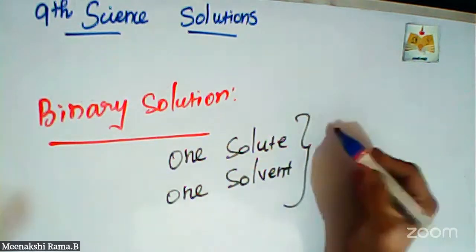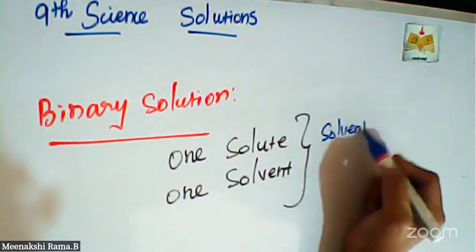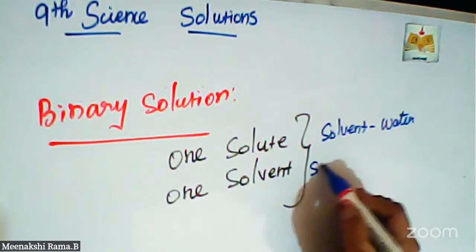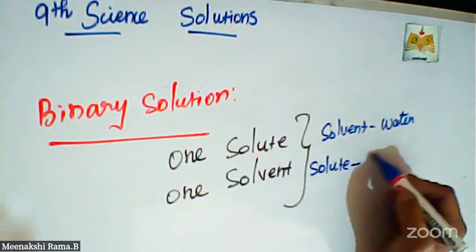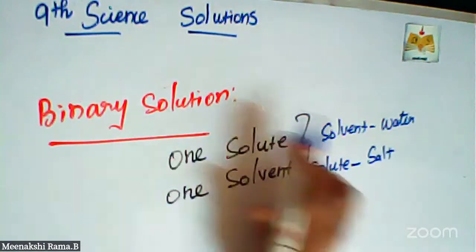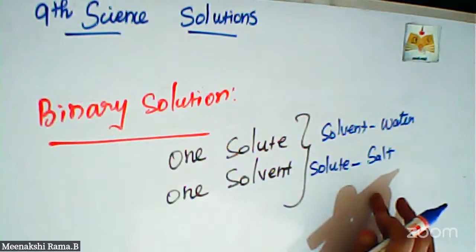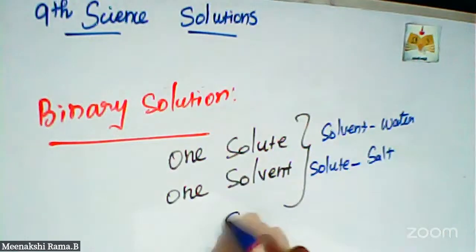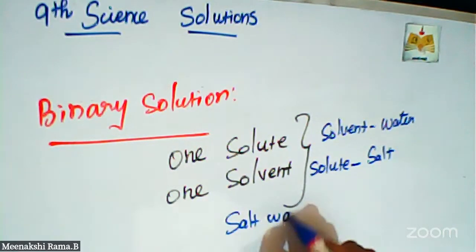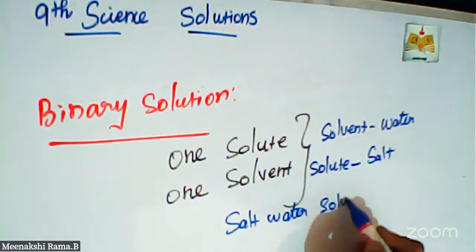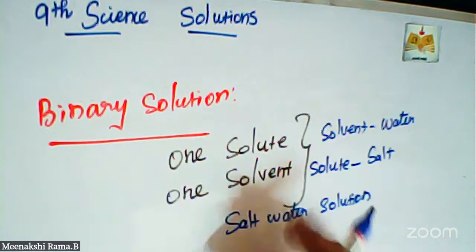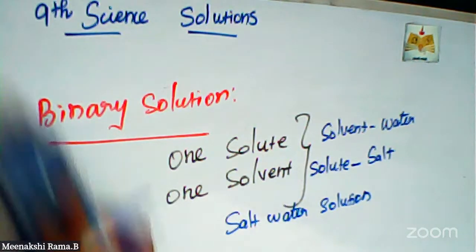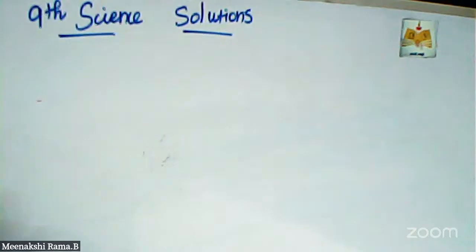Example, solvent is water. Water acts as a solvent. Okay. Solute, salt. So, binary solution, salt is dissolved into the water. So, the salt water solution is called as binary solution. Okay. So, next one is ternary solution. Next is ternary.